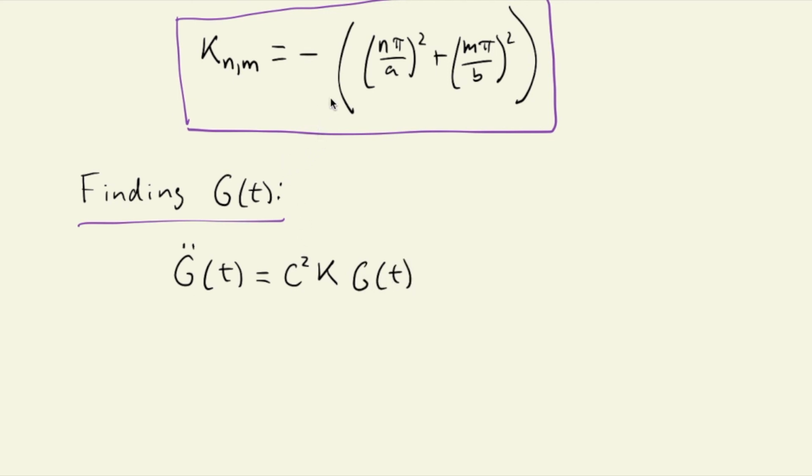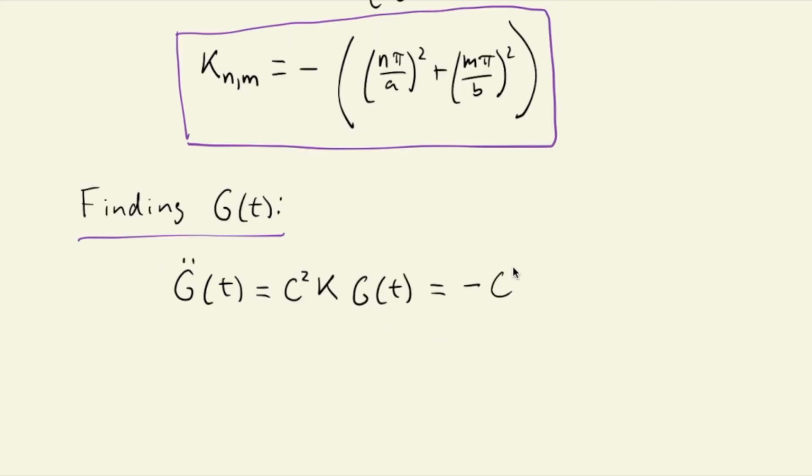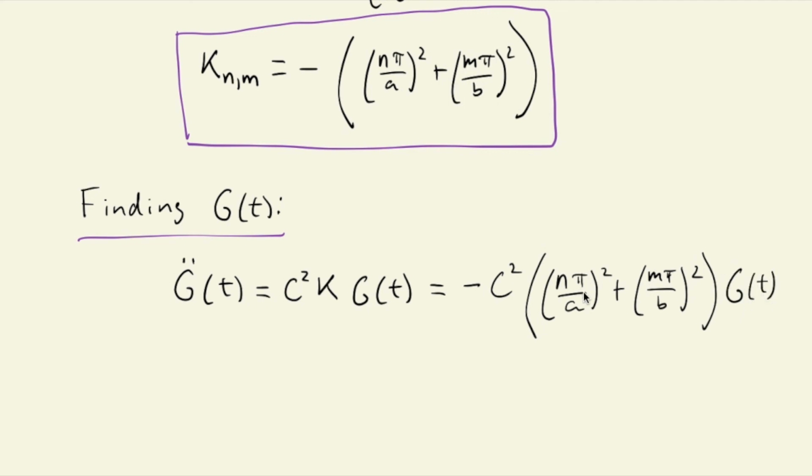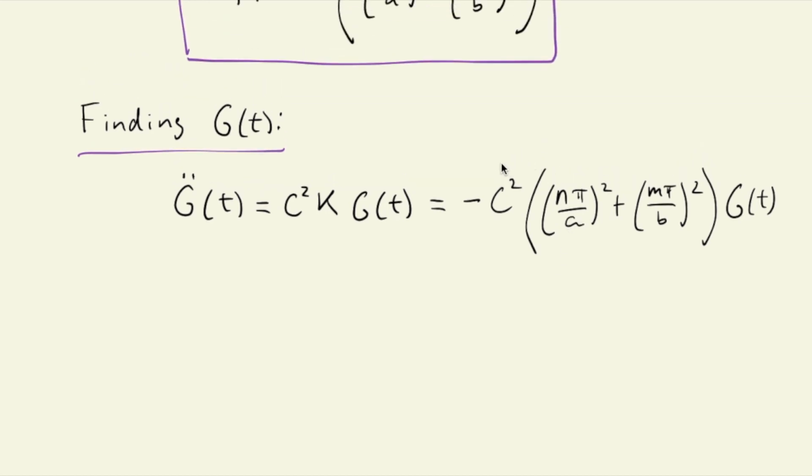And we have this k now, which is equal to minus c squared, all of this good stuff, n pi over a squared plus m pi over b squared, times g of t. These numbers are not hugely important. You can call this whole thing together lambda n m.